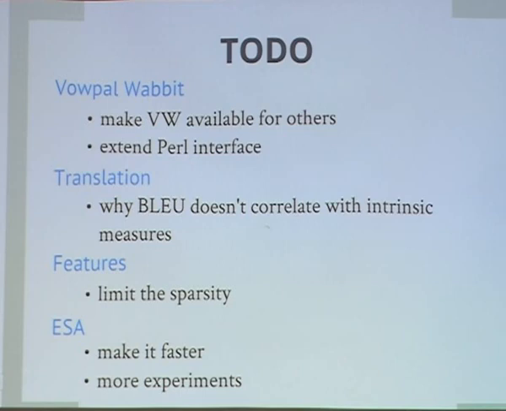With ESA, I add another 100 features that are very sparsely distributed, and I guess that's the reason for the drop. And I already said, with ESA, I have to make it faster and experiment with it more. Okay. Thank you for your attention.